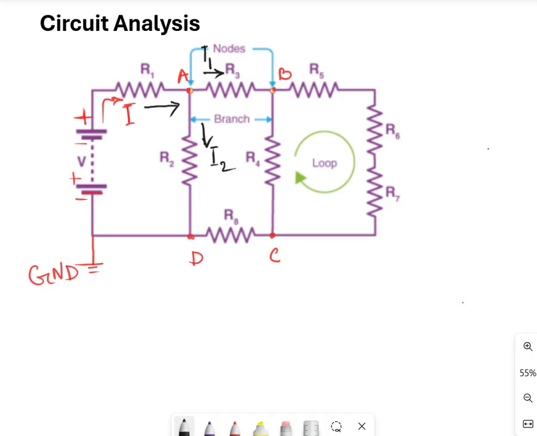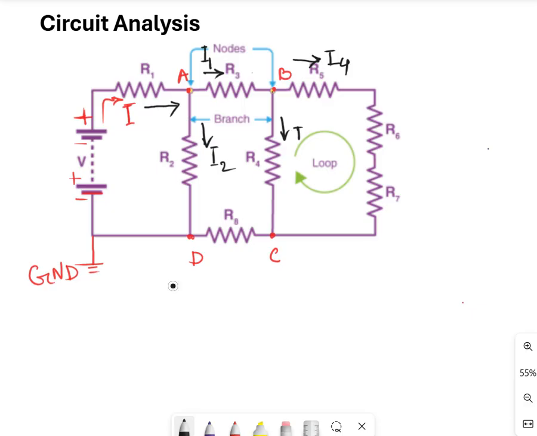Again, I1 is injected at node B. So at node B, I1 is divided into two parts. One is, let's say, I4, and another one is going in this direction through resistor number 4.